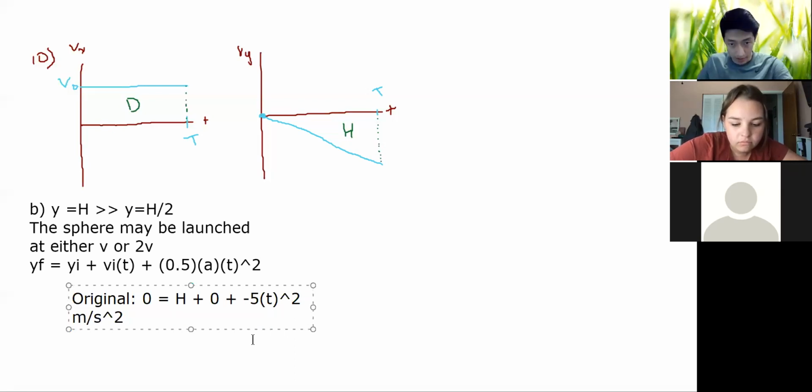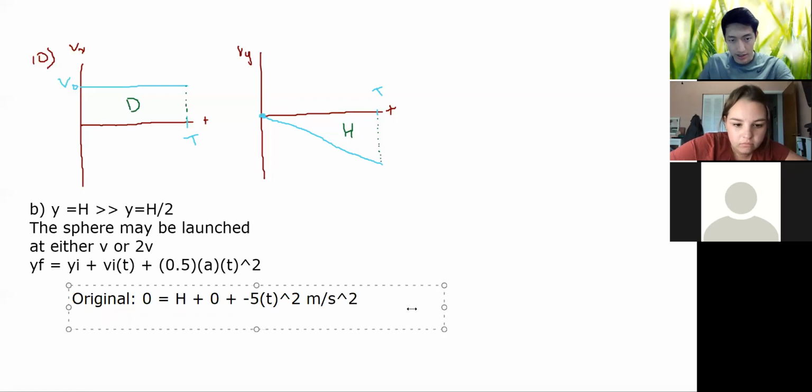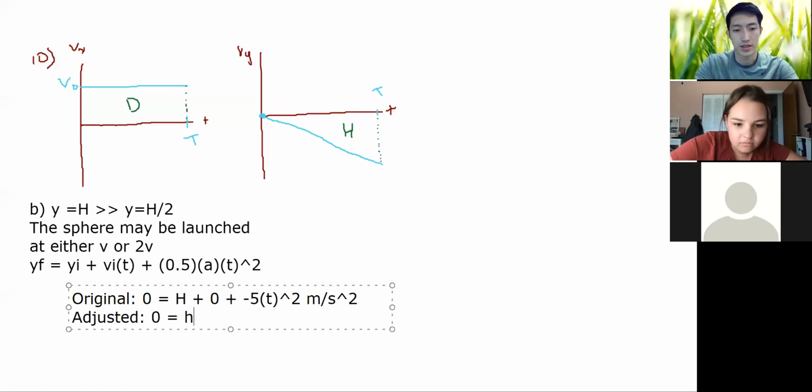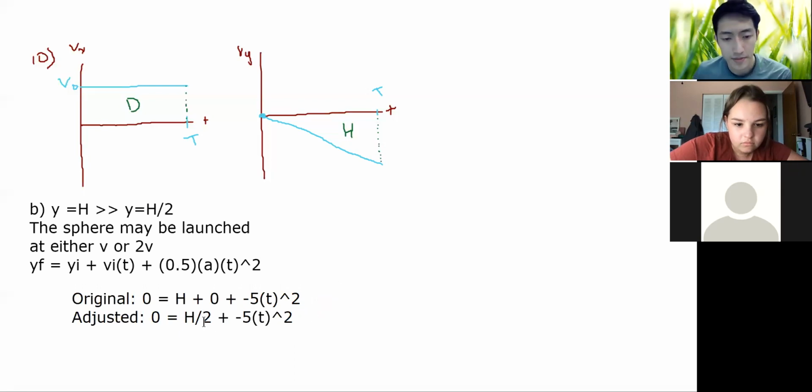I can't type LaTeX here. And for the adjusted, we have 0 equals h divided by 2 plus -5 t squared. I'm just going to remove the meters per second squared for clarification. All right, we have that, right?